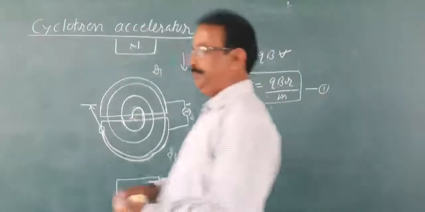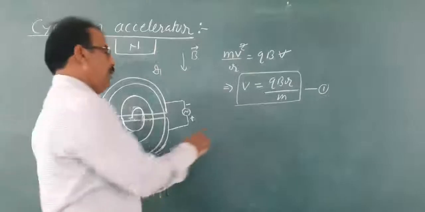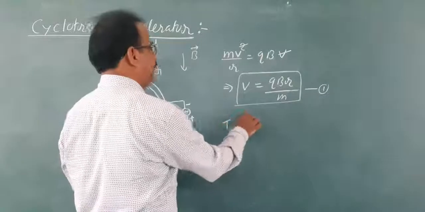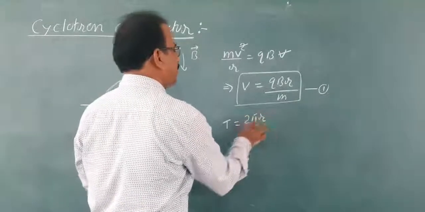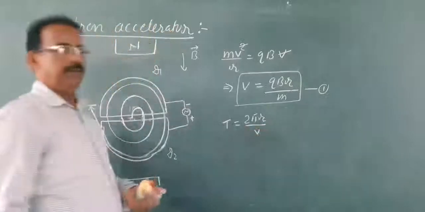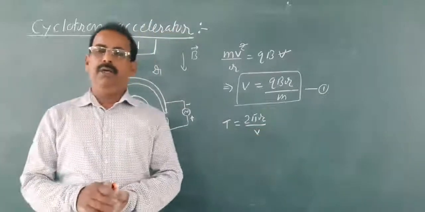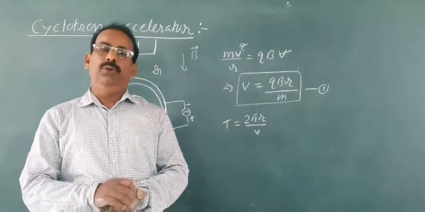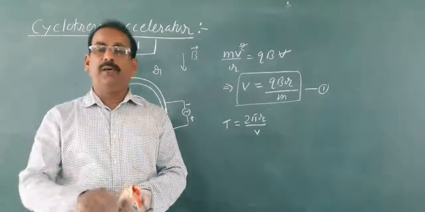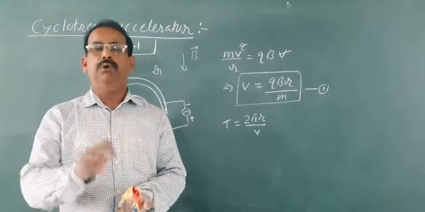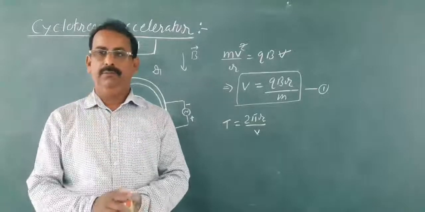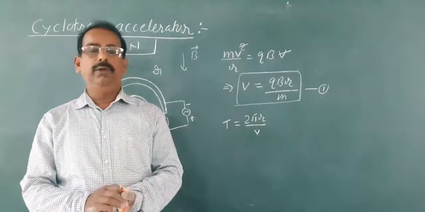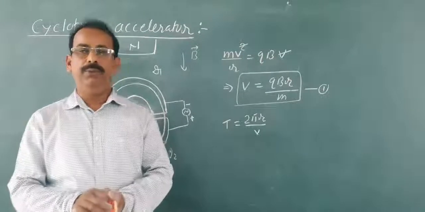Now, we can find period using distance upon velocity. Period means time taken by the charged particle to perform complete revolution in both the D. That is period. T equals 2 pi r upon v.